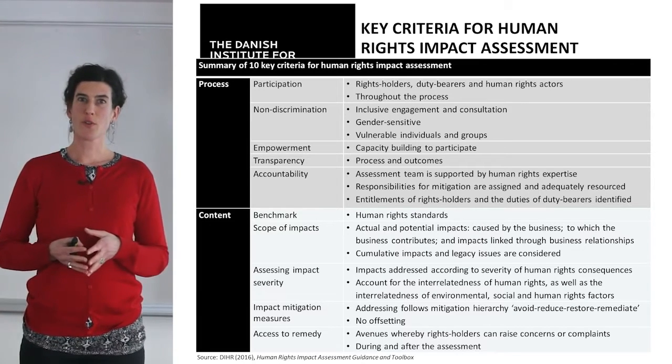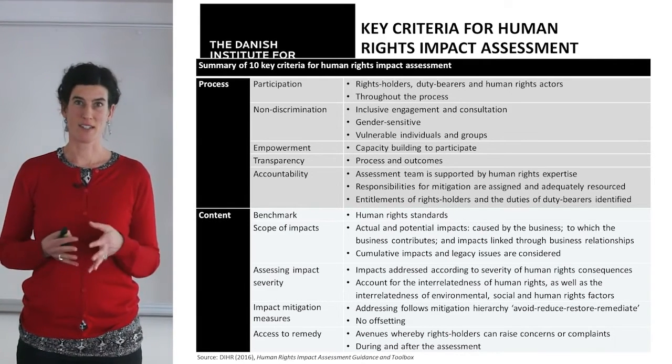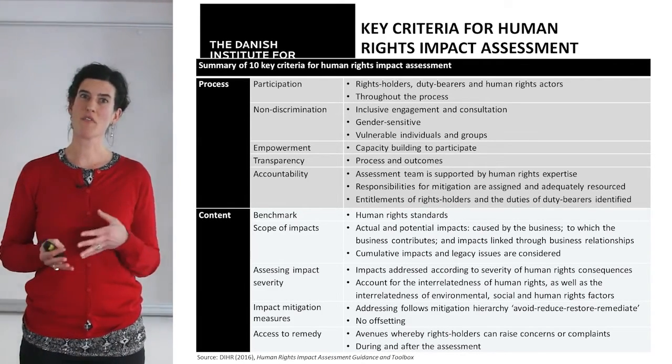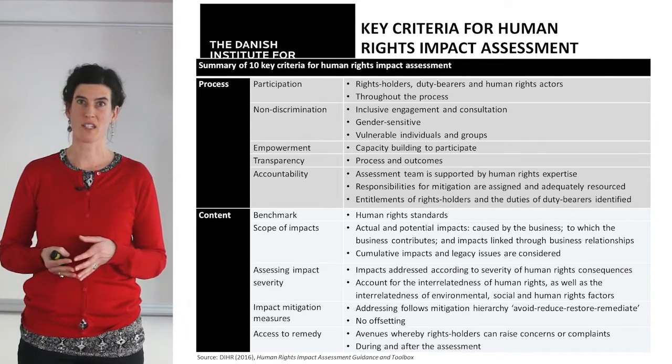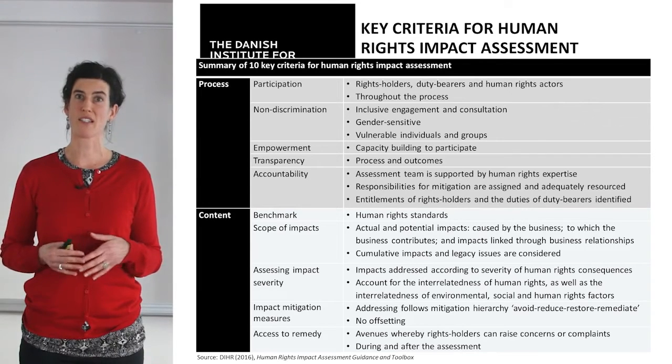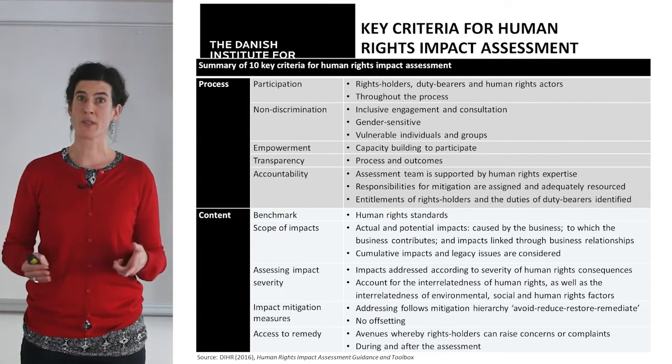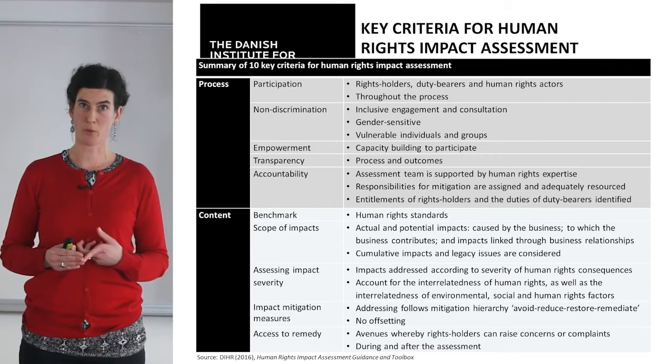So for those of you who are already impact assessment practitioners, of course, some of these criteria will seem very familiar. Social impact assessment also, for example, places a high emphasis on participation, including with vulnerable groups.